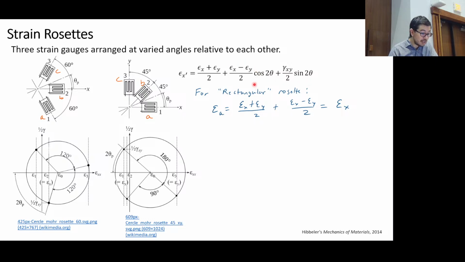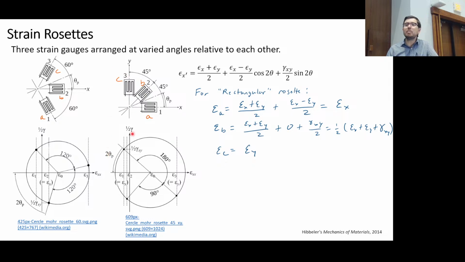I'm sorry, that does not knock out. That's equal to 1. Sorry. This plus that, this goes to 0, right? There's 0 shear strain that contributes. All right, so that one's easy. And epsilon c down here is also easy, right, because that one's in the same direction as y.